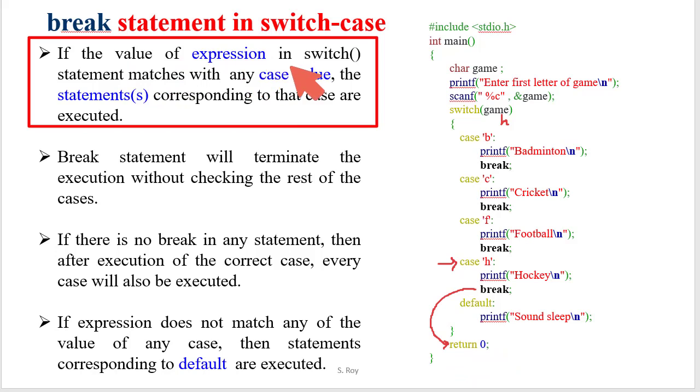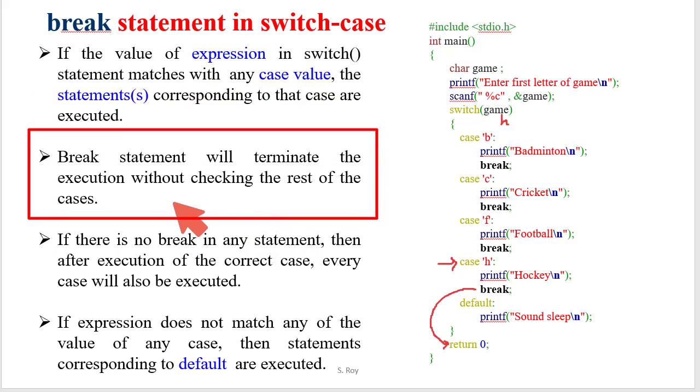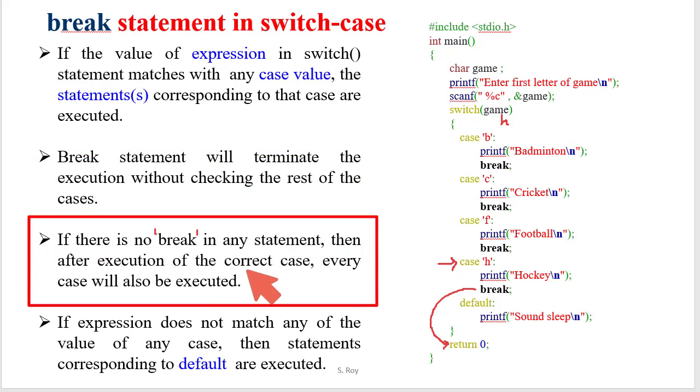So if the value of the expression in the switch statement matches with any case value, the statements corresponding to that case are executed. The break statement will terminate the execution without checking the rest of the cases. If there is no break in any statement, then after execution of the correct case, every case below will be executed.